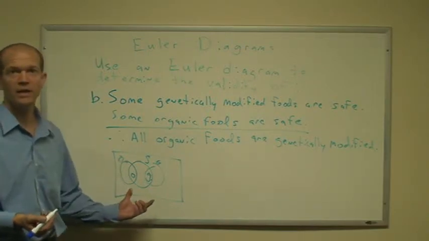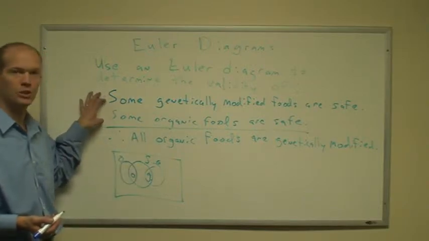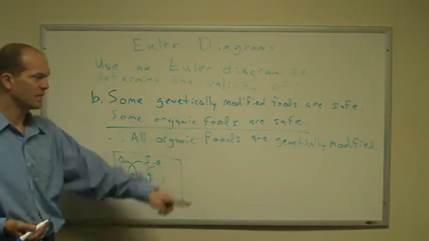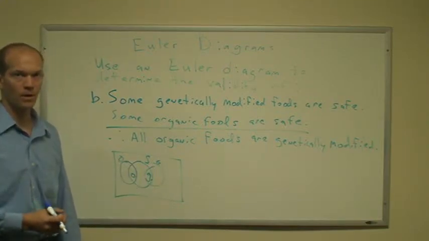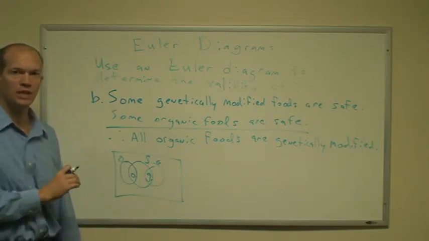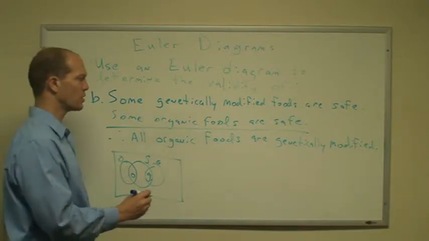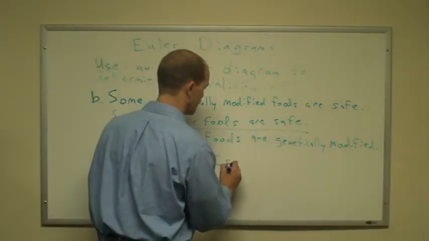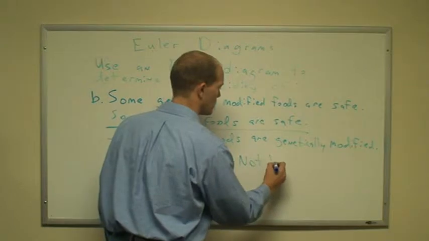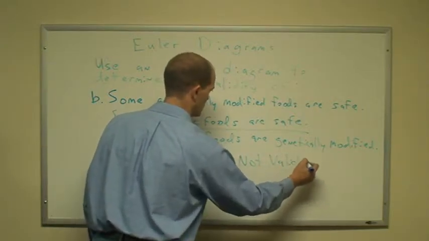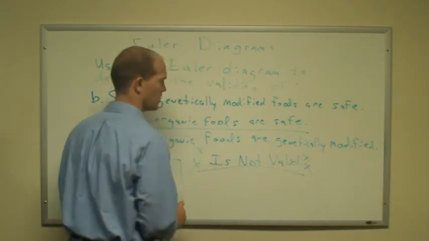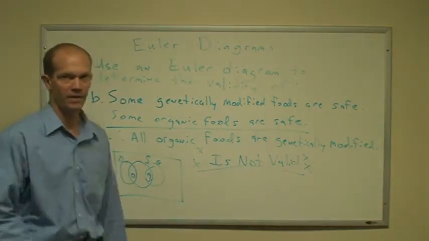Well, nothing in my diagram, nothing in this description describes that that had to have been the case. That is, that these circles must have overlapped. Because nothing guaranteed that in the way this was structured, this argument is not valid.